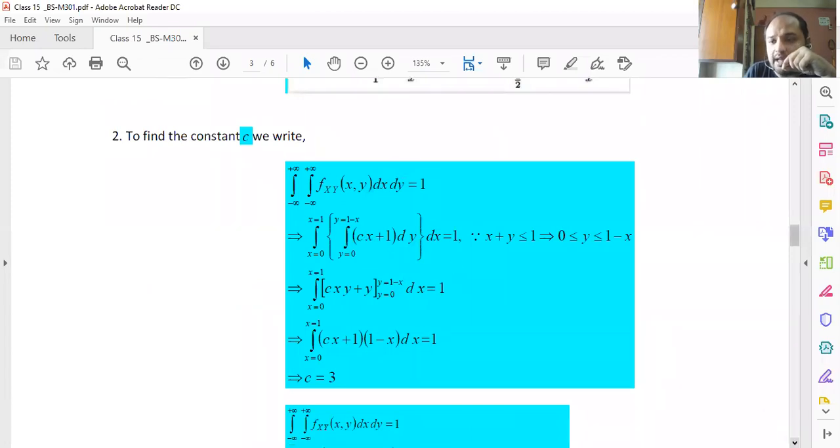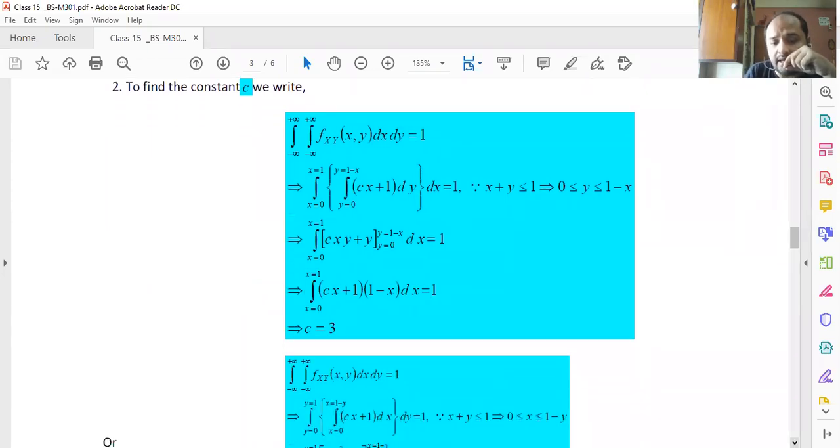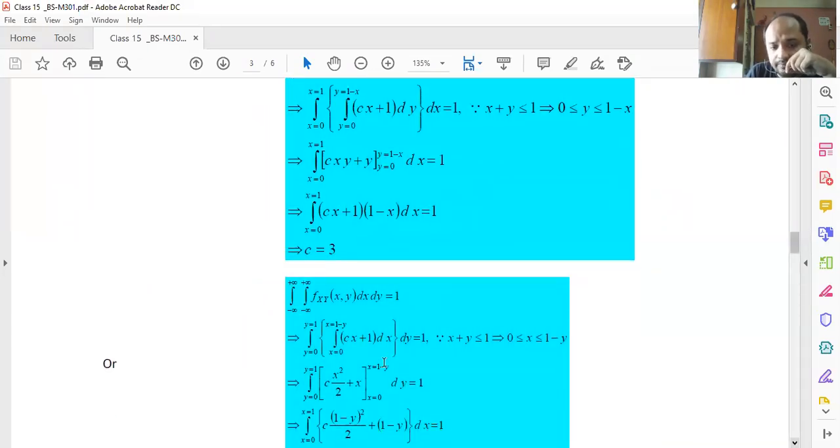But there is no hard and fast rule. If you change the order, you can integrate with respect to x first and then with respect to y, which I have done below. You must not confuse yourself; if you interchange the integration, the result will be the same.